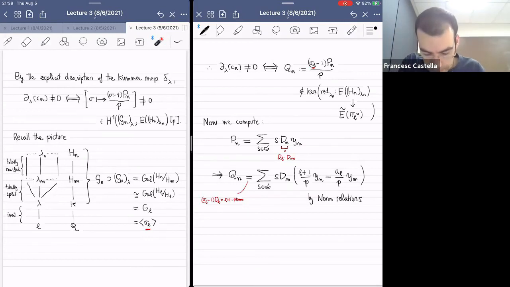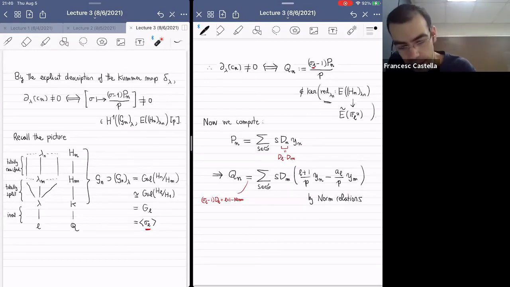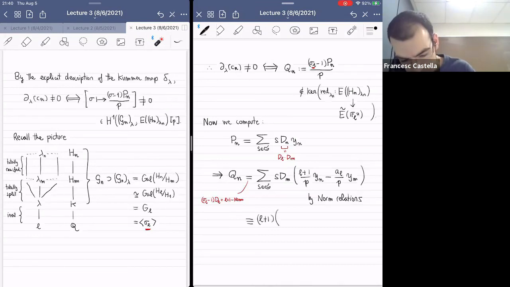Okay, but now the congruence relation was telling us, as we look at the reduction, that modulo lambda_n this is congruent to the following: L plus 1, and then there was that Frobenius element, lambda_m, then minus a_L divided by P, and then what remains is the sum s d_m y_m.